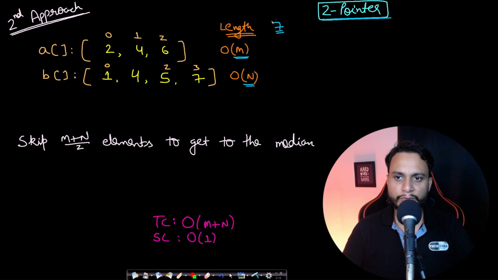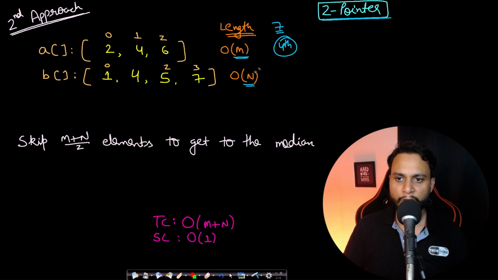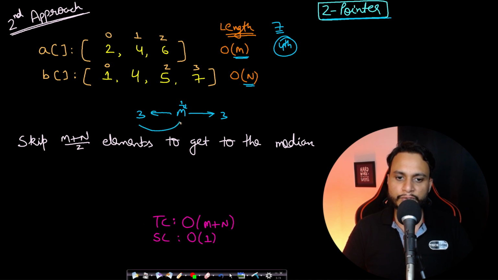And hence, you know that since this is odd, you will have the fourth element as your middle element. So if the fourth element is the middle element, how many elements will be to the left of the median and how many will be to the right of the median? Exactly 3. Because this is one element and the total elements are 7 and the median is exactly the middle element. So if you want to reach the median from the left hand side, you need to skip 3 elements in this case.